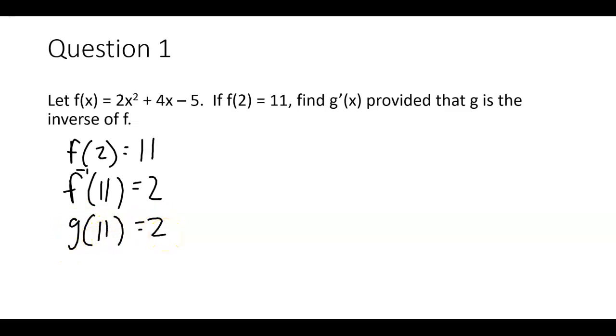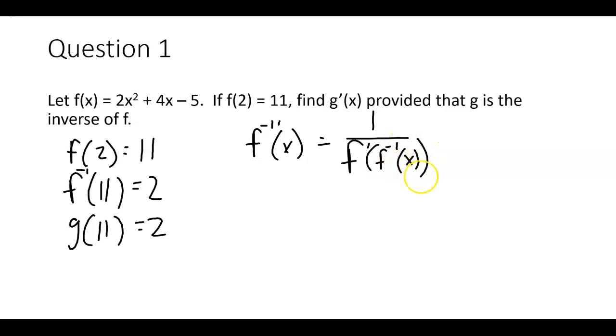Okay. Now we want to write our formula for the derivative of an inverse, which is this. But once again, we're not going to be using f inverse, we're going to be using g.